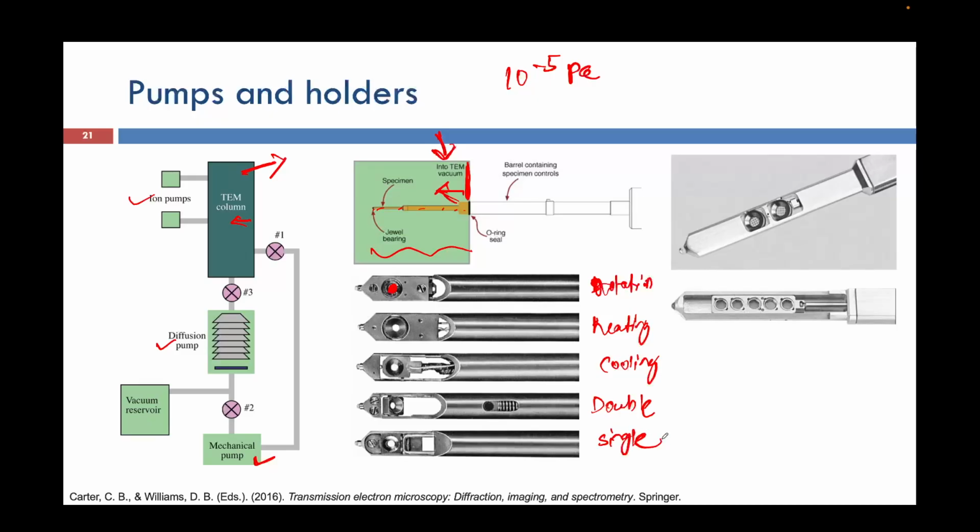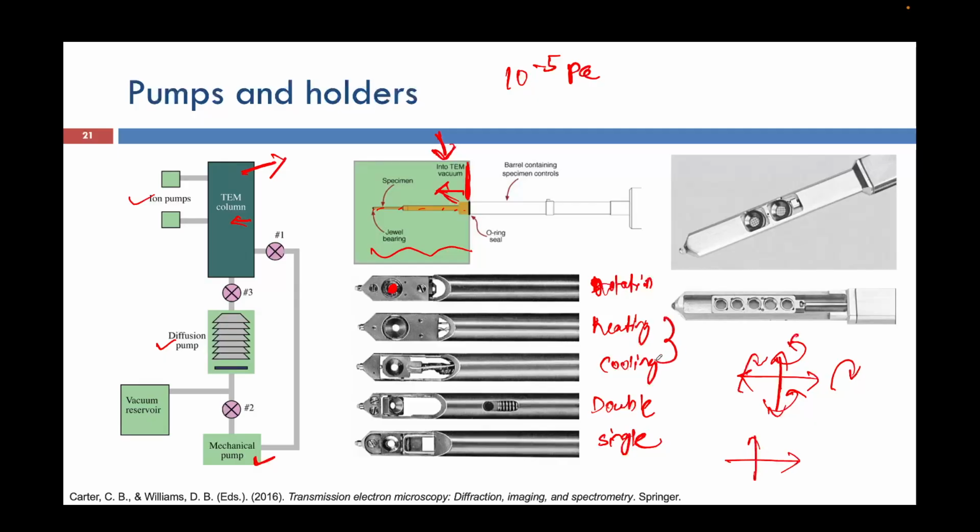So this is one type of tilt and this is another type of tilt. It can rotate along the x-axis as well as the y-axis. If we consider that this is x, then this is y. So this is a single tilt and double tilt holder.